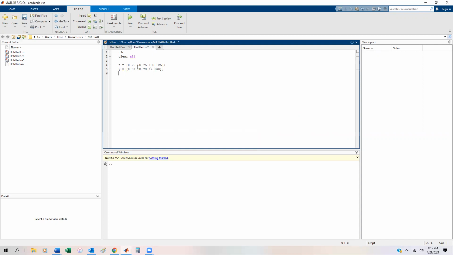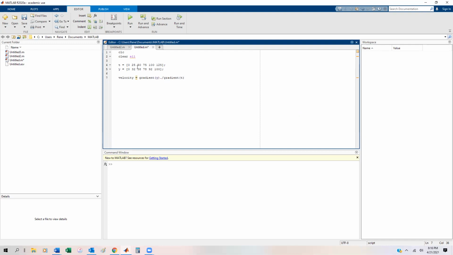Now, if I want to find the velocity, that is equal to dy dt, so that's going to be the gradient of y divided by the gradient of t. That's dy dt.